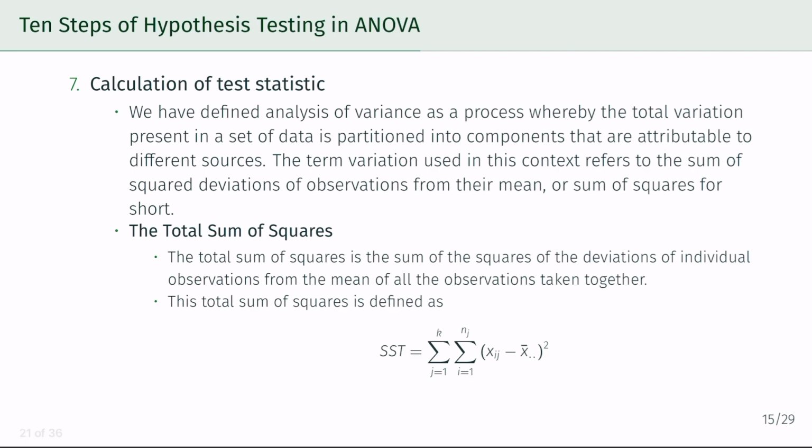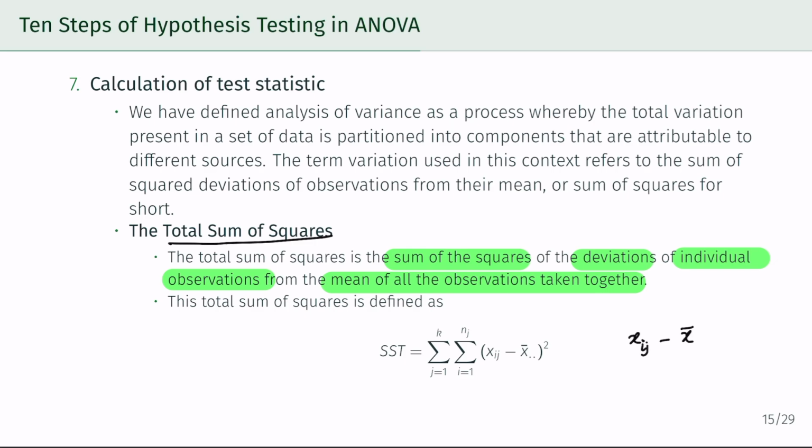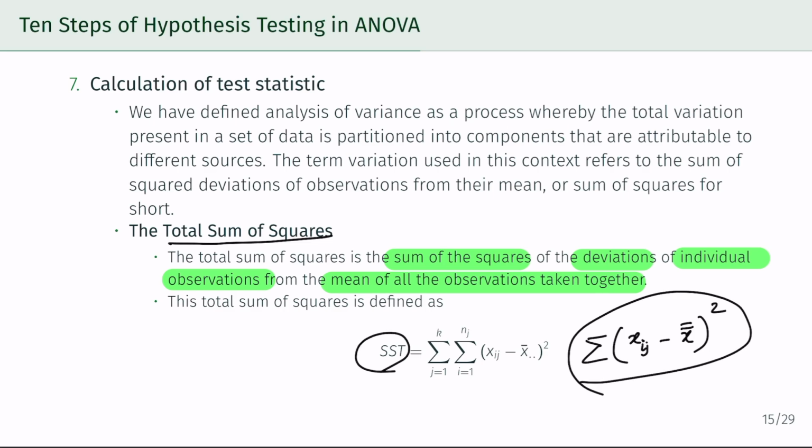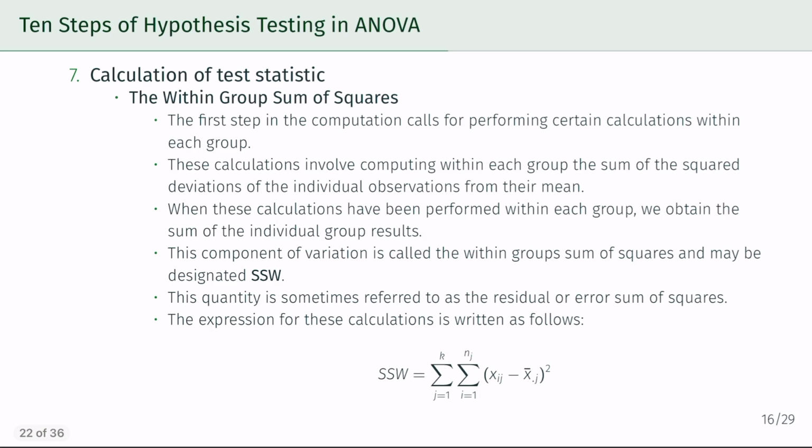In the ANOVA table, the first one is the total sum of squares. The name itself says it's the sum of squares of the deviations of individual observations from the mean of all observations taken together. So we have a single observation xij, and we have the grand mean. If we square it and sum up all those values, then this value represents the SST, or the total sum of squares. Now the next one is within sum of squares.